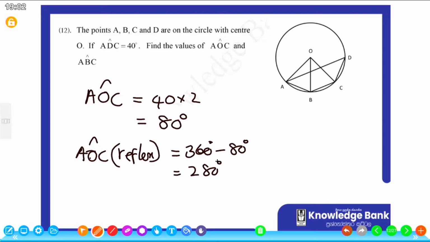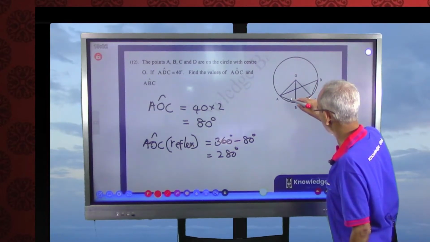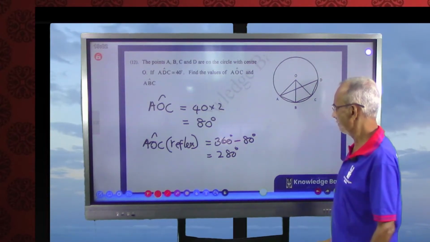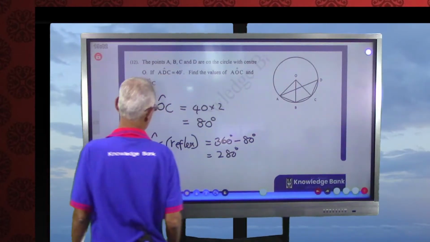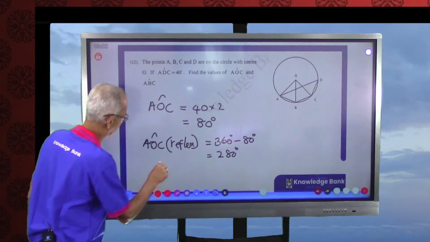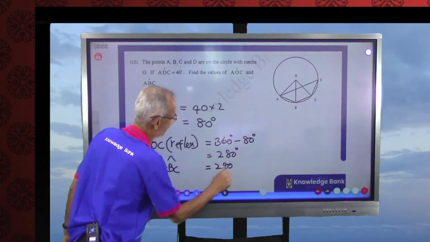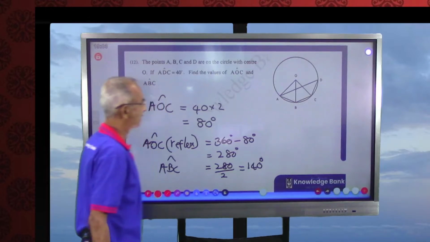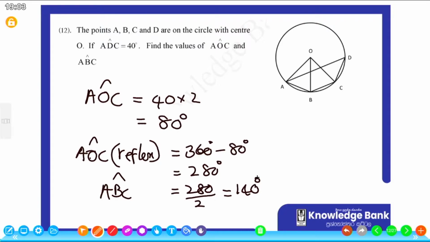Here ABC is the angle at the circumference and this is the angle at the center. Therefore, ABC is equal to half of AOC reflex. So angle ABC is equal to 280 divided by 2, which is 140 degrees. That's the answer for question number 12.